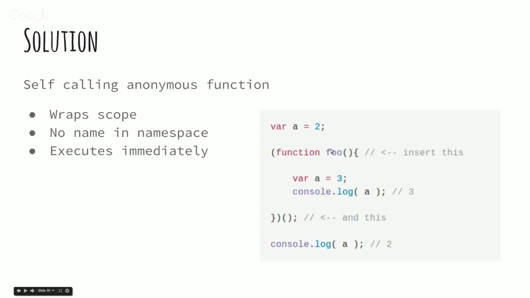And because it's a function, it's going to wrap that scope. So this A is going to be scoped inside of that function rather than outside of the function. It doesn't live in the global namespace, so that function is nameless, even though it has a name, and it executes immediately.